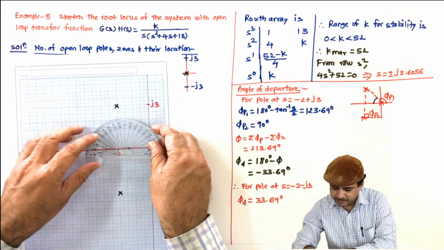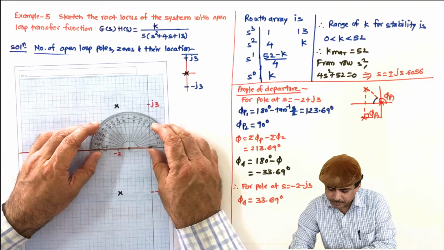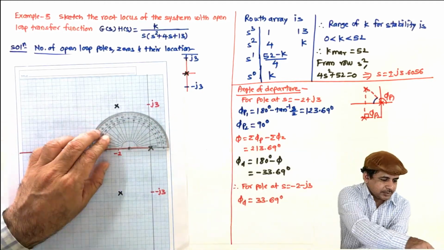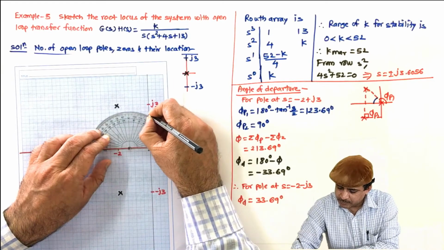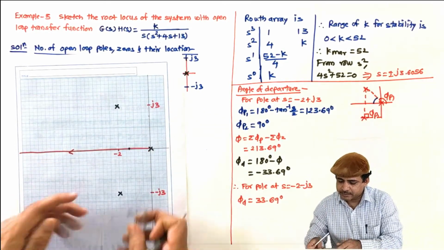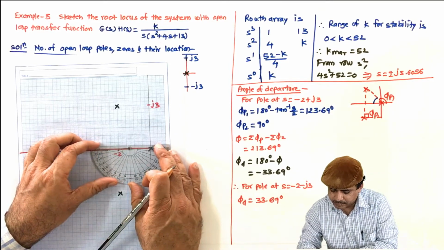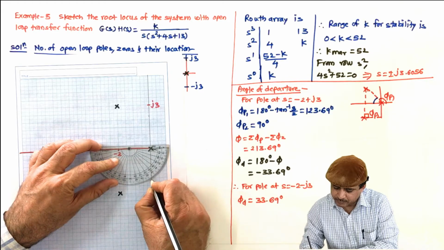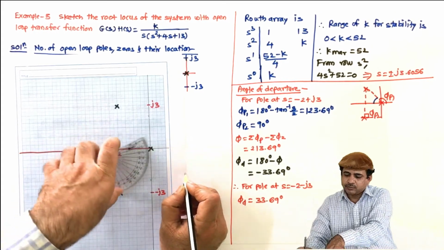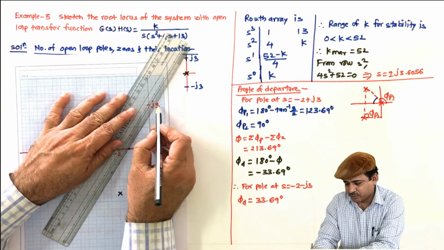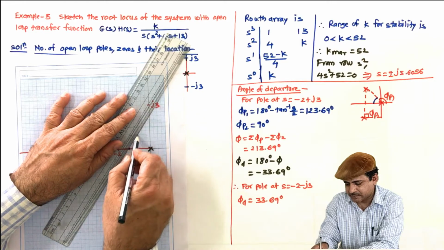So we will mark it, and minus 60 degrees. And we will draw the asymptotes. As they are not part of the root locus, we will draw them by pencil.